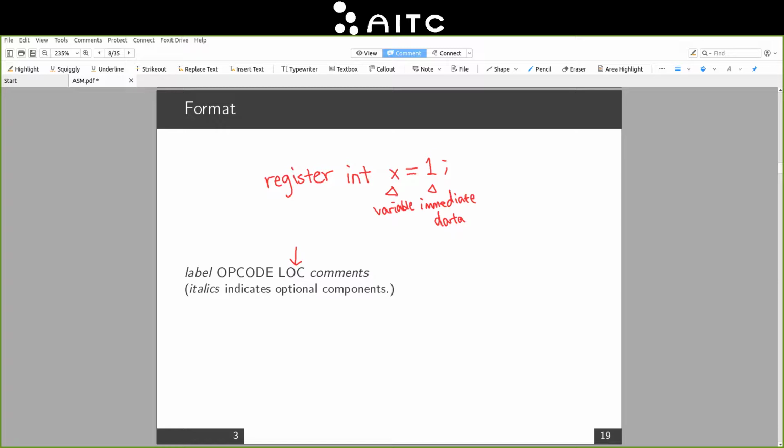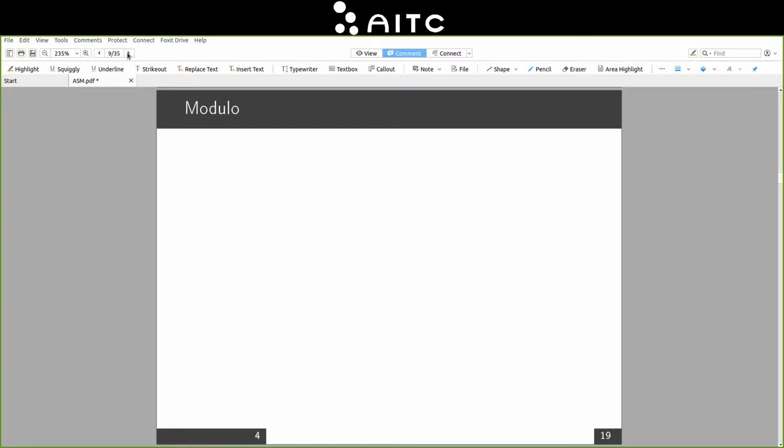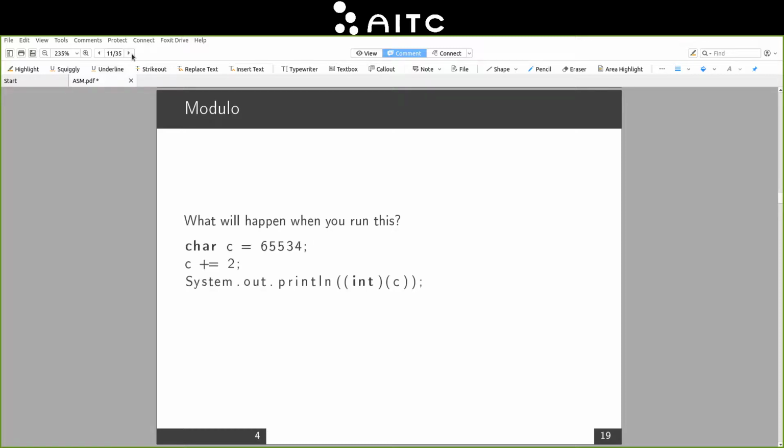Okay, there's another term, modulo. What does it mean? We have an example of modular here. What will happen when you run this?